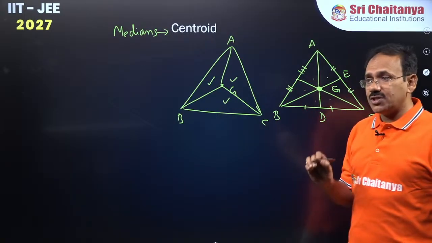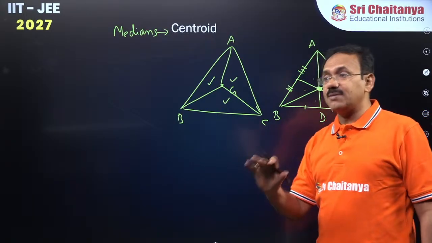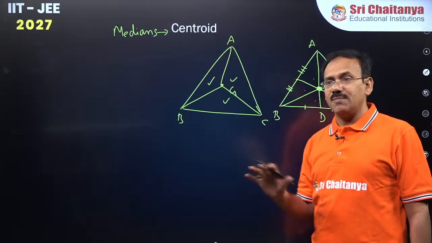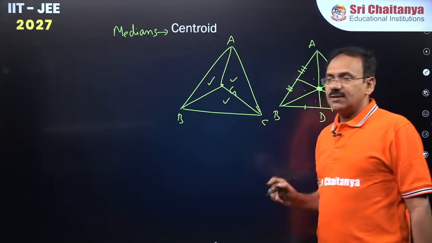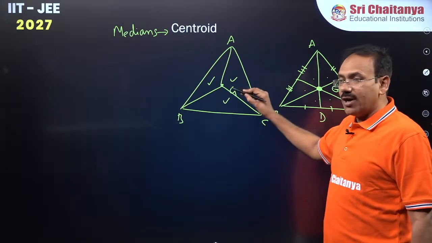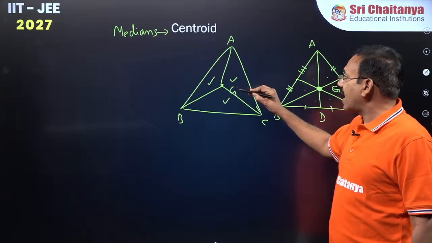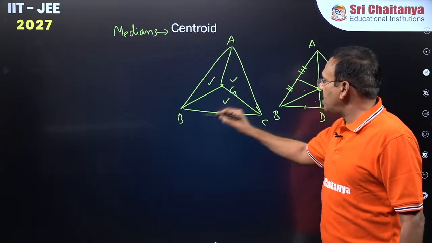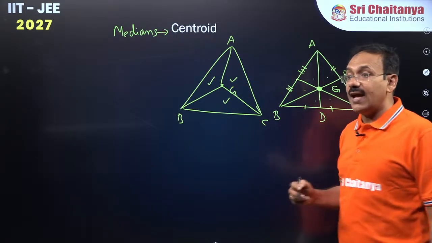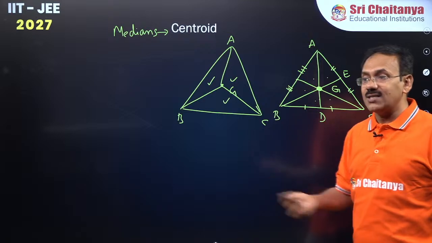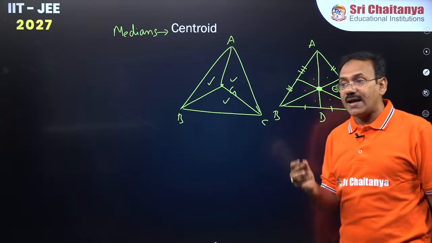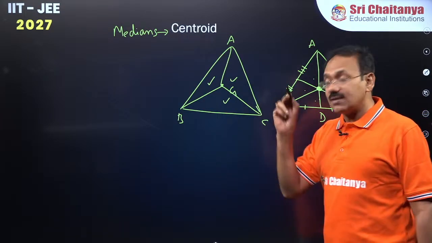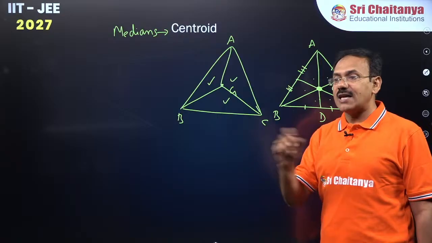This question is given many a time in many exams, maybe not in JEE. What is that point inside the triangle such that the areas of AGB, BGC, AGC are equal? That point is nothing but the centroid.